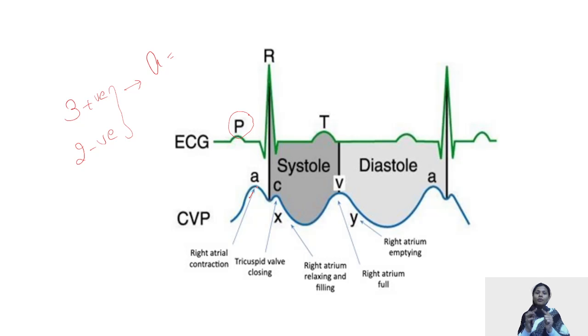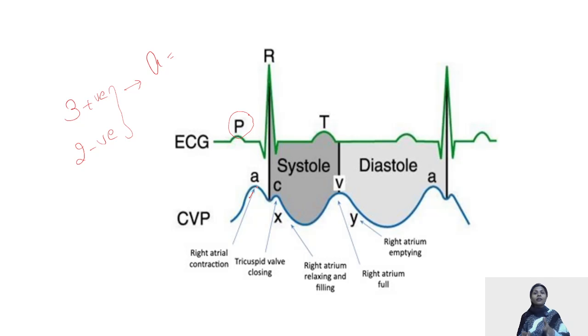That is, your tricuspid valve has opened, and thus the right atrium is now giving blood to the right ventricle. Then you have again a positive, that is your V, when the preload is coming back to your right atrium. And then again you have a Y when the right atrium starts its emptying phase.